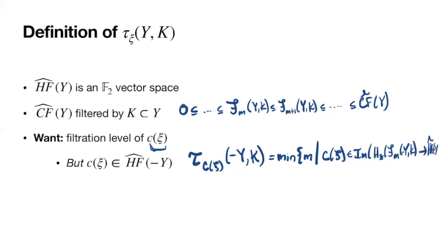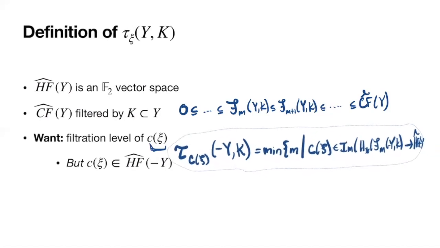Sorry, minus Y. That's hard to read. Let me move this over a little bit. So HF hat of minus Y. Okay, so just to say one more time, this is the map induced by inclusion.